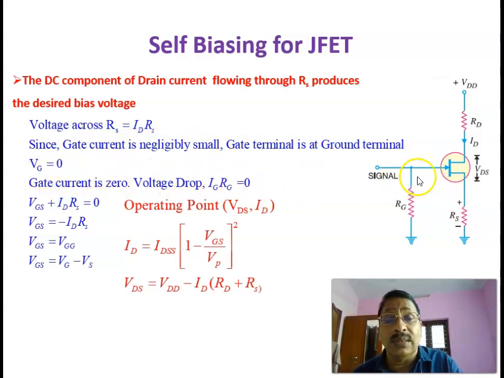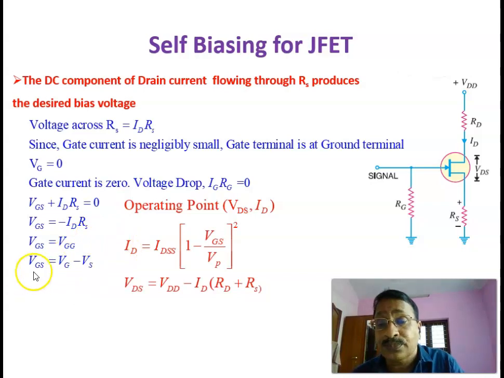That is why VG, the voltage at this point with respect to the ground, is equal to 0, because the current is almost 0. Therefore, if you write VGS plus ID into RS equal to 0, then VGS equal to minus ID into RS. That is, the gate to source voltage is given by the current ID into RS with a negative sign. For example, if you want to bias for minus 4 volt, ID into RS is kept as 4 volt, so that VGS equal to minus ID into RS.